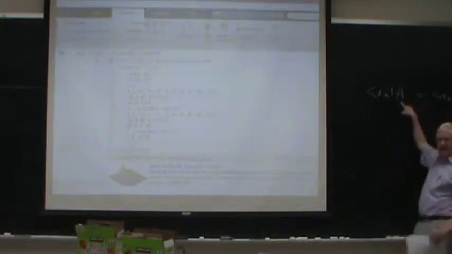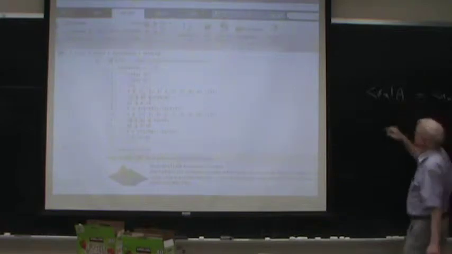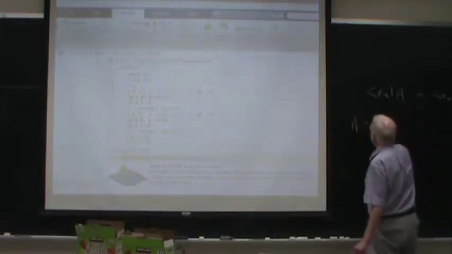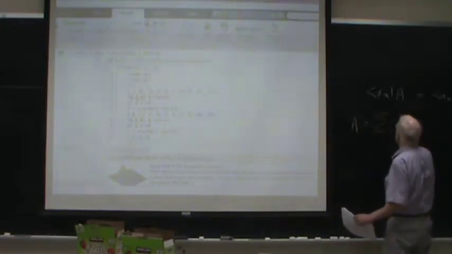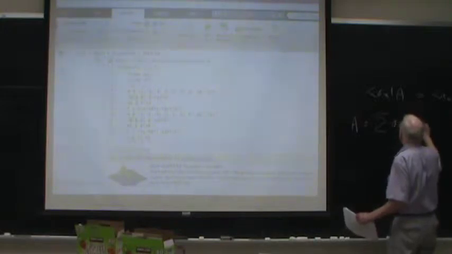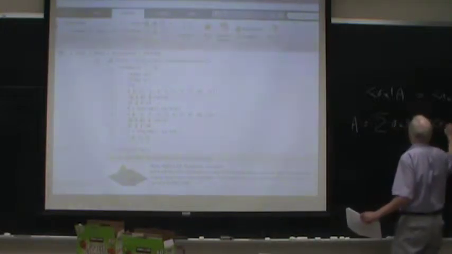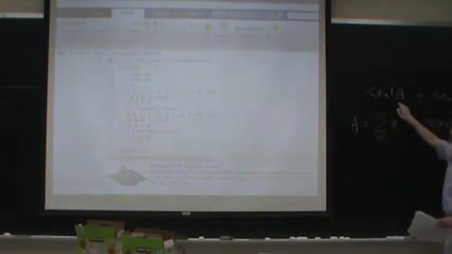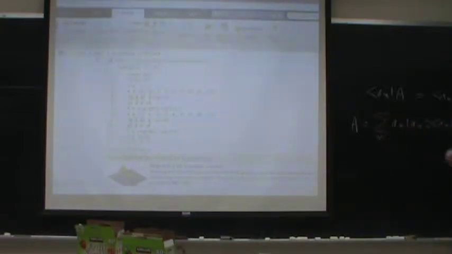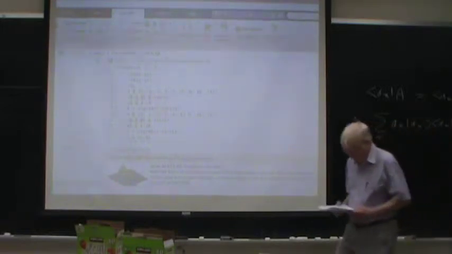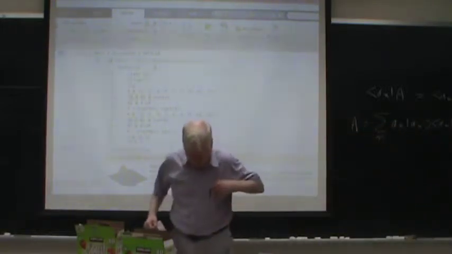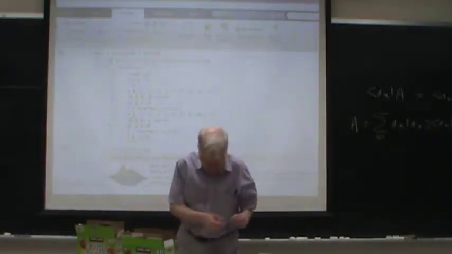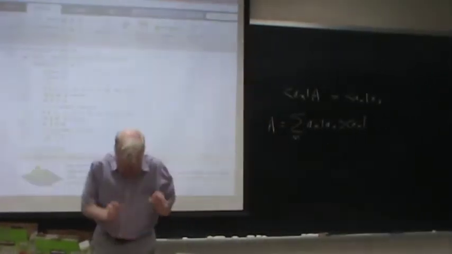That's because A has a diagonal form, and A is actually equal to the sum over n of a_n |n><n|. So consequently, the bra from the left does give you this relation. I was confused about that last time.